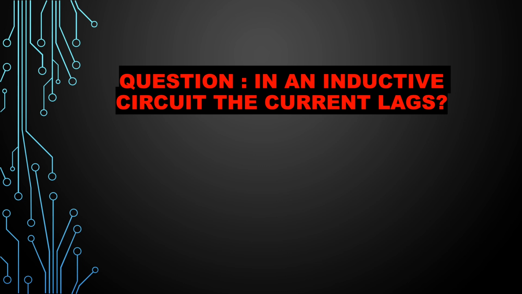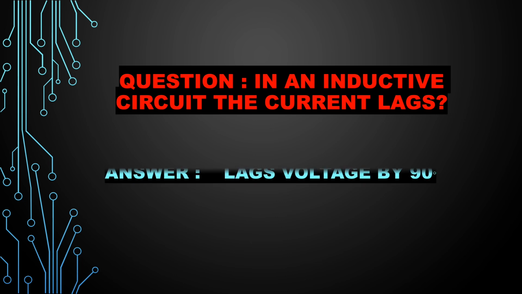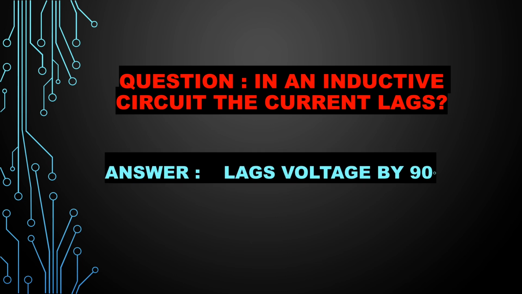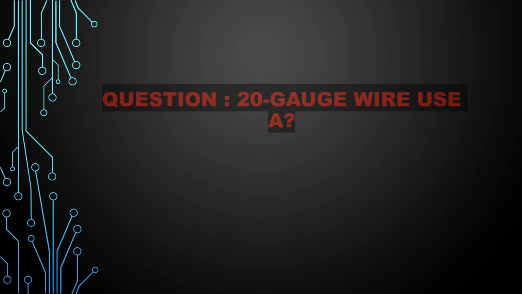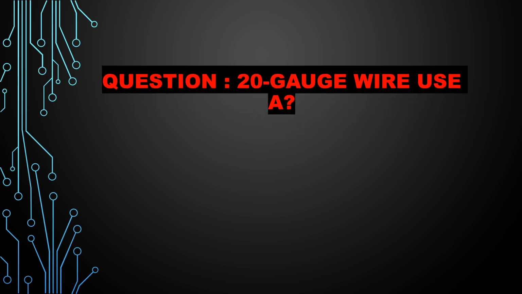Question: in an inductive circuit the current lags? Answer: lags voltage by 90 degrees. Question: 20 gauge wire use a?